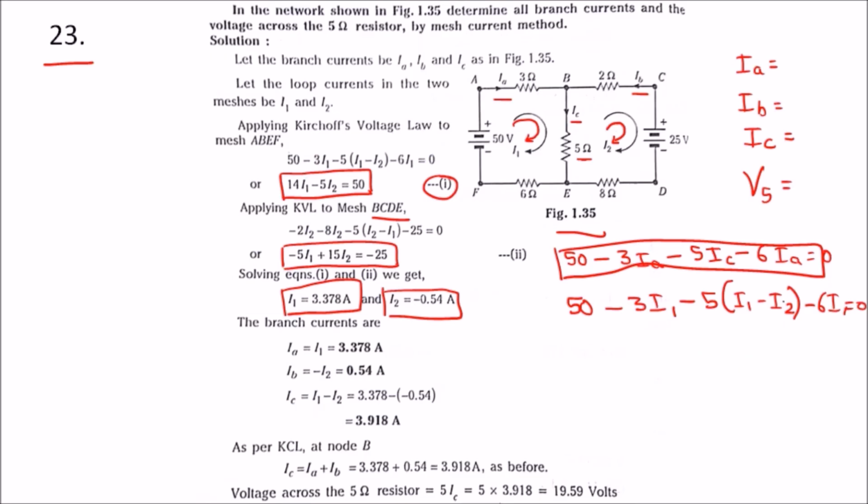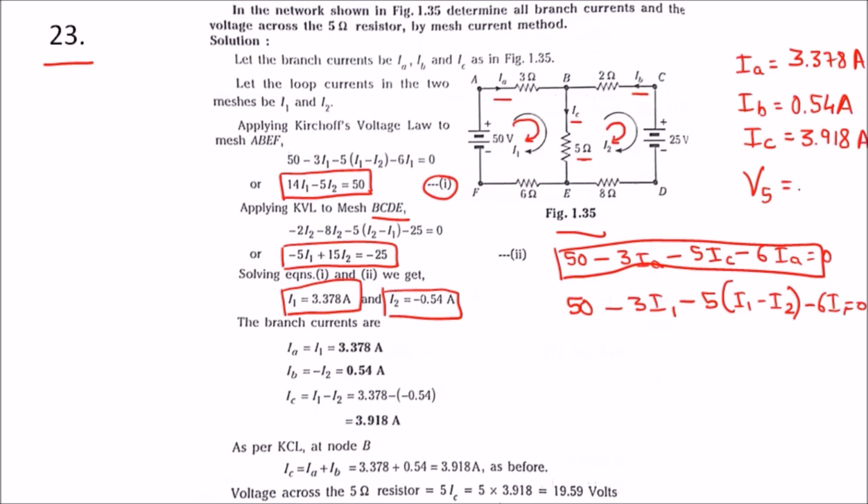As we know, IA is nothing but I1, which is 3.378 amps. And IB is nothing but minus I2, so minus and minus makes plus, so IB is 0.54. From the figure we can say IC is the addition of IA and IB, that is 3.918 amps.